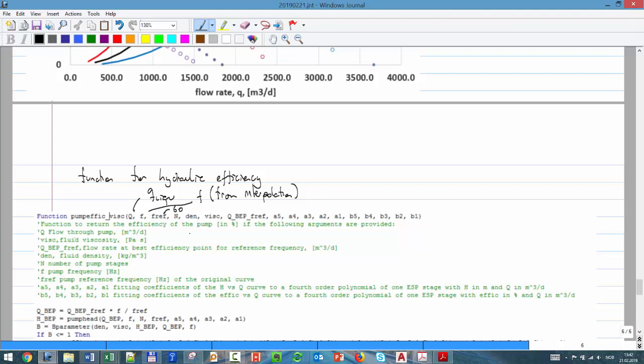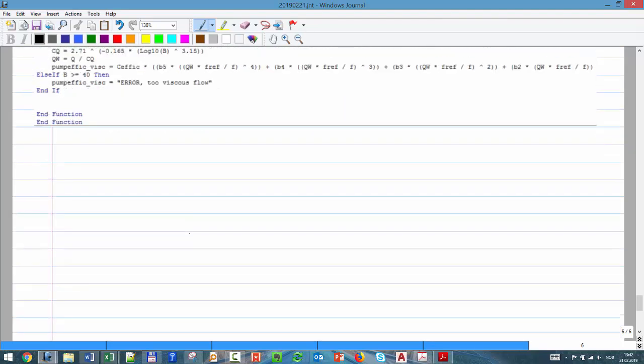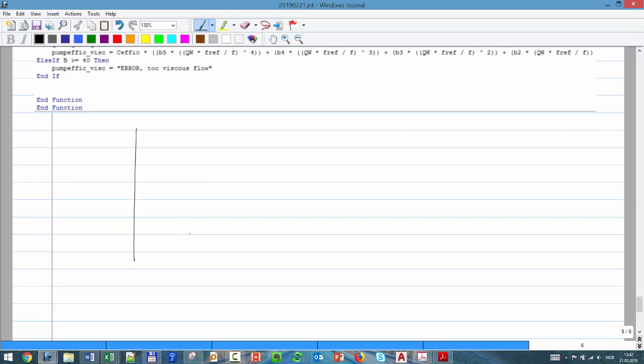Why? Because usually the curve, that's something we didn't mention before. The curve of the pump, remember, it has a lot of stages. 1 stage, 2 stage, 3 stage. The way I build the curve of the pump is that I measure for one single stage, and then I simply multiply by the number of stages that I have.